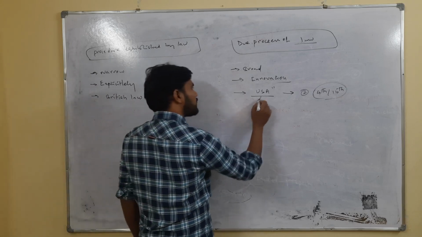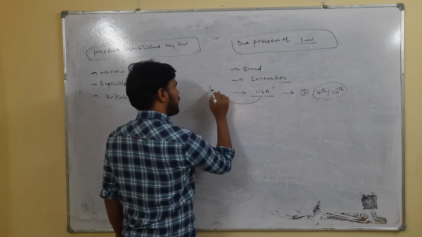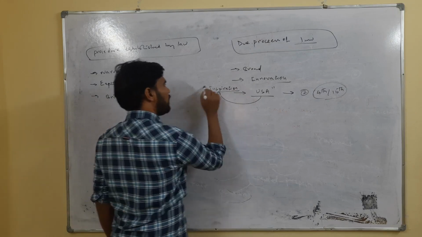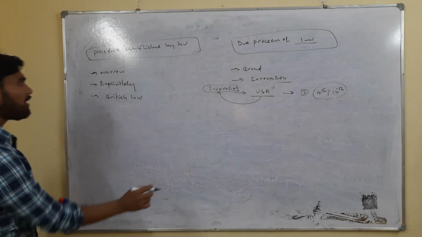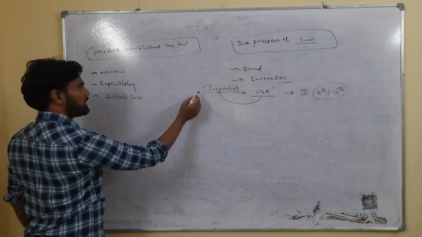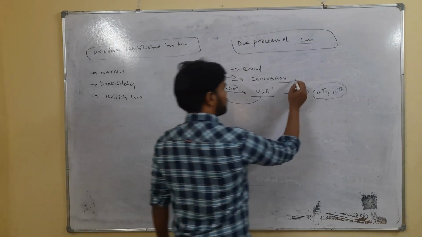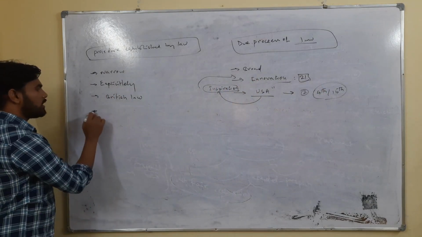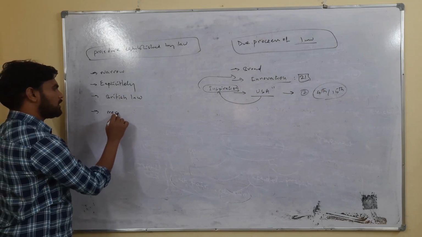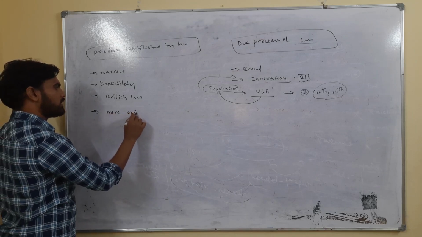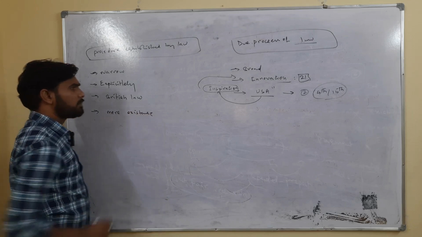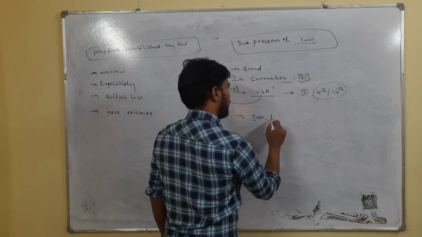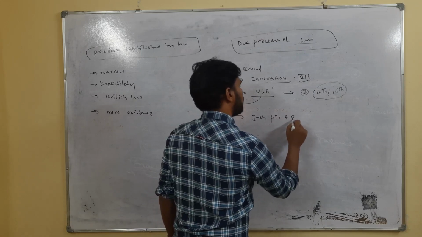From there, our judiciary has taken inspiration for due process of law, and our judiciary has invented this due process of law in Article 21. Here, simply the mere existence of law is sufficient. But here, the law should be just, fair and reasonable.